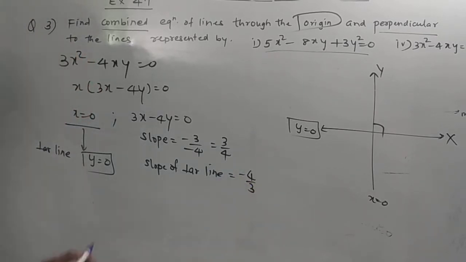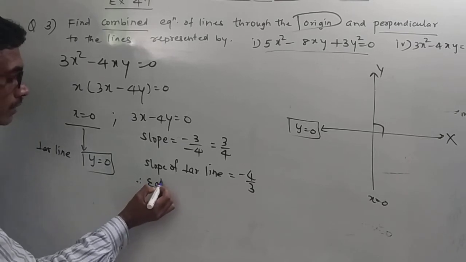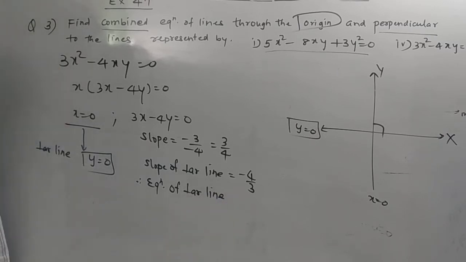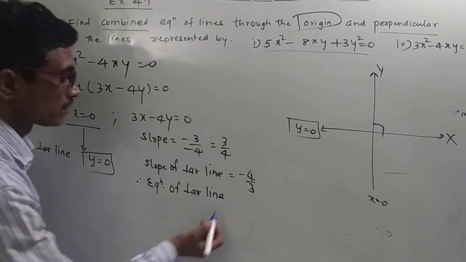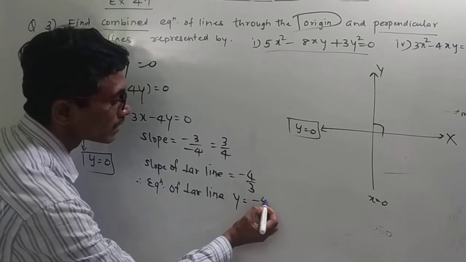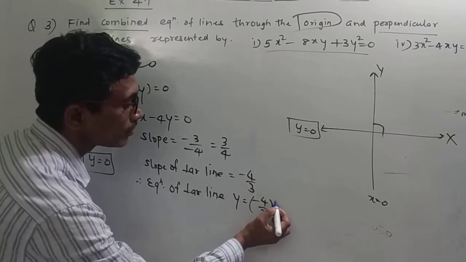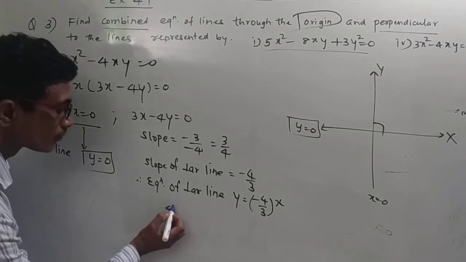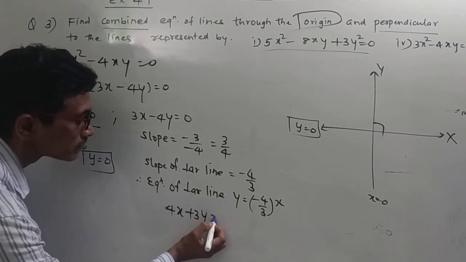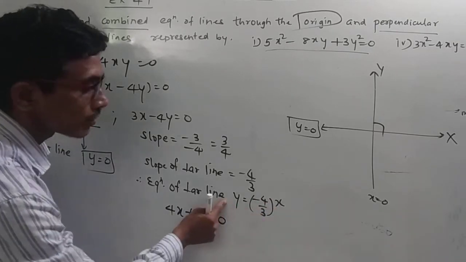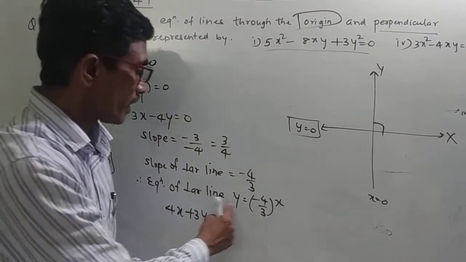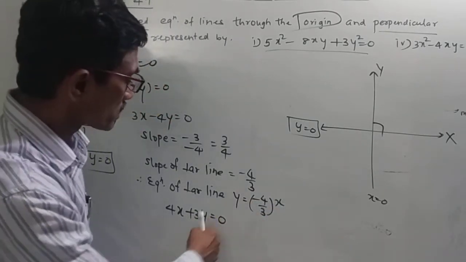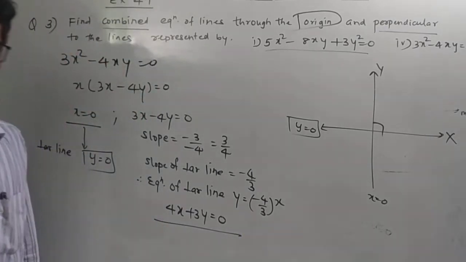Therefore the equation of the perpendicular line passing through the origin is y is equal to mx, that is minus 4 by 3 into x. Cross multiplication will give us 3y is equal to minus 4x. So we take this 4x to the left hand side. So 4x plus 3y is equal to 0 will be the equation.